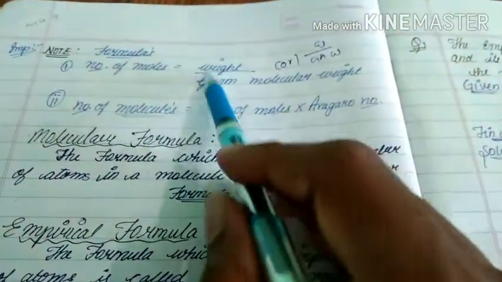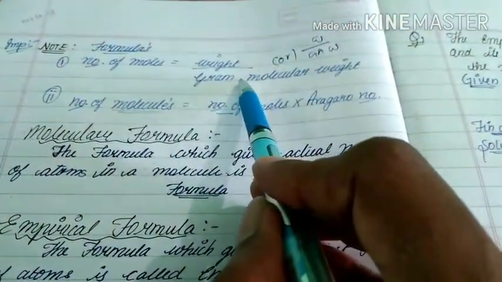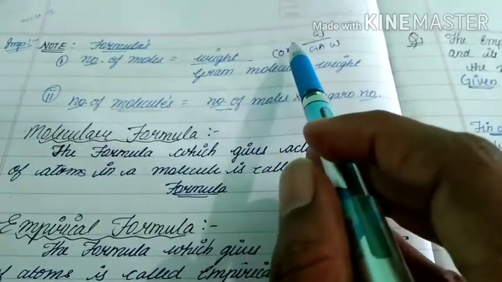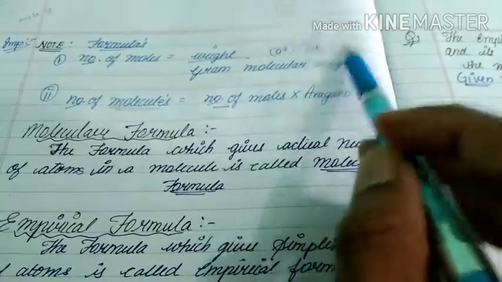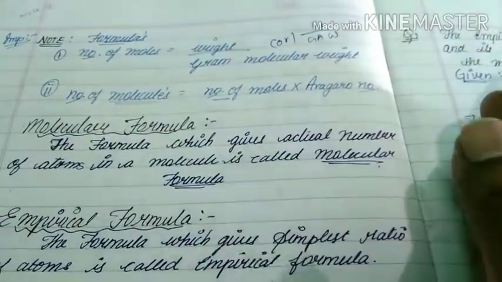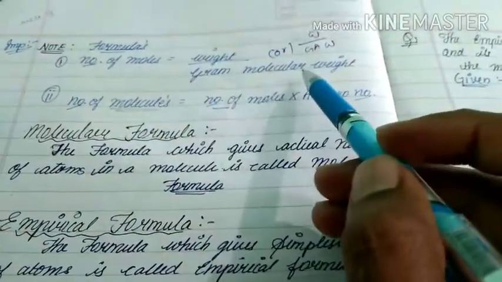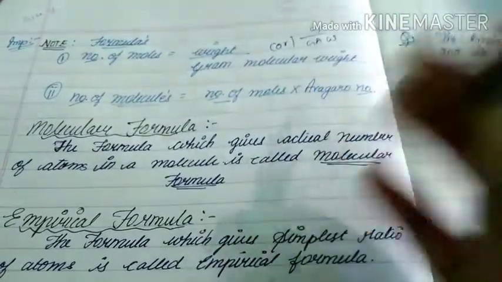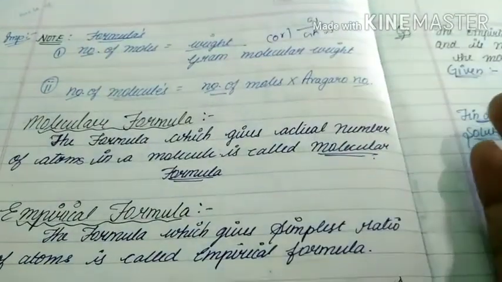When will we use which? When a molecule is given, we use gram molecular weight. If an atom is given, we use gram atomic weight, because for atoms atomic weight is there, for molecules molecular weight is there. If the molecular weight is expressed in gram, that will be gram molecular weight. If atomic weight is expressed in gram, that will be gram atomic weight.